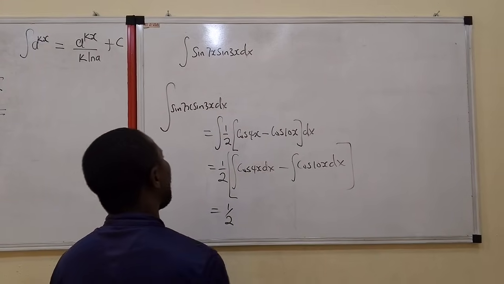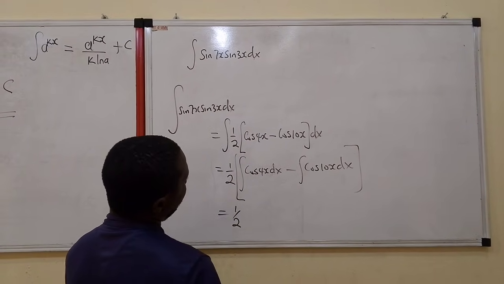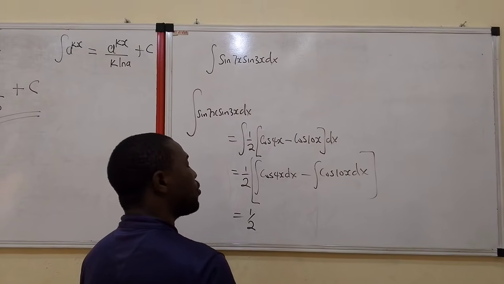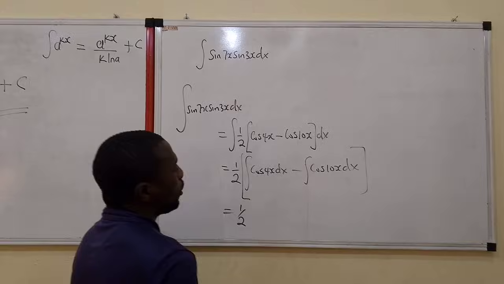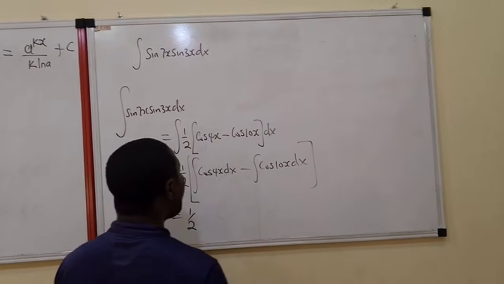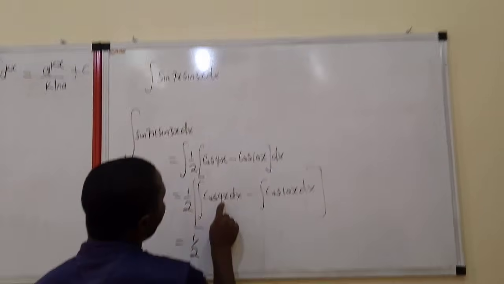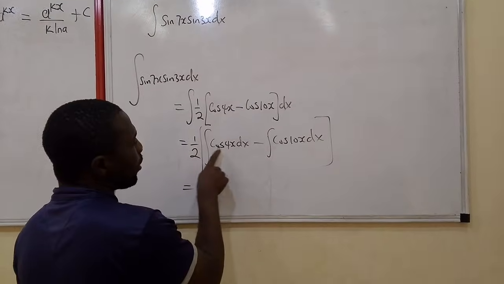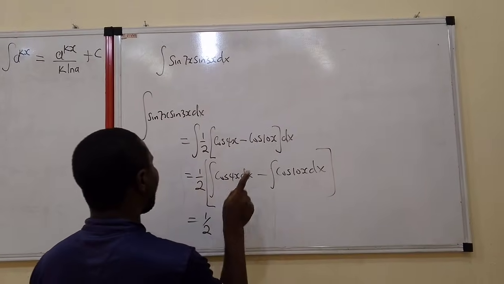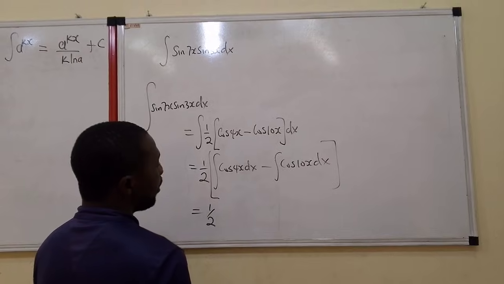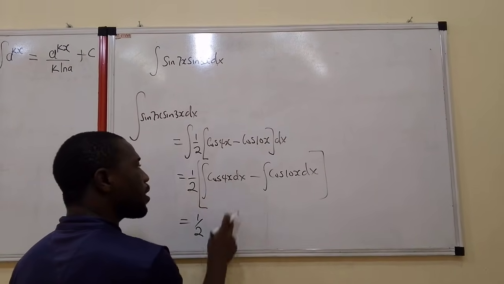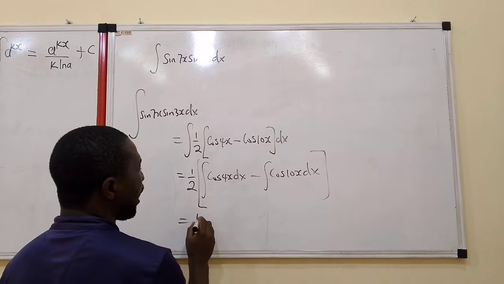If we integrate cos 4x, what do we get? First, you should know that if you integrate cos, you are going to get sine. The integral of cos is sine. But remember, when you are integrating stuff like this, you are going to divide it by that number. Differentiate the 4x you have 4, then you divide it by it.